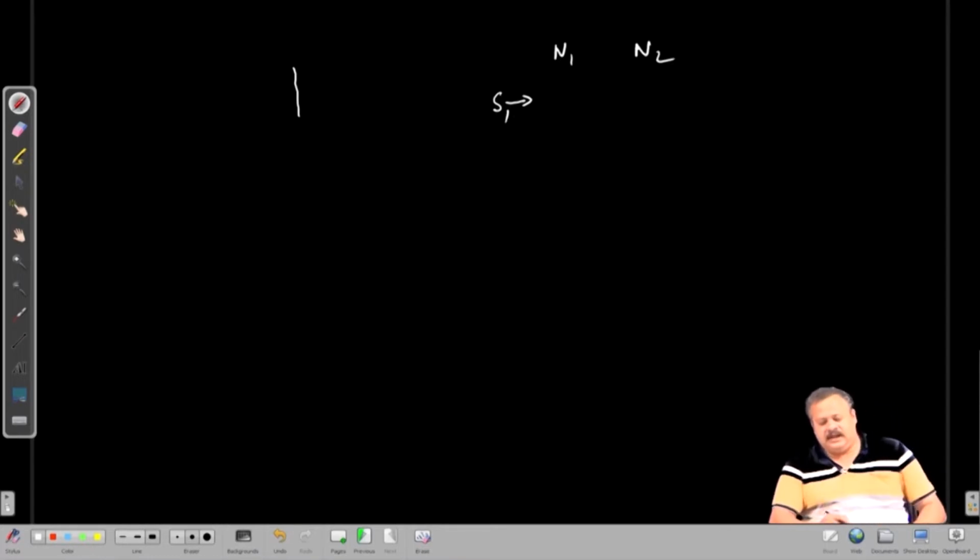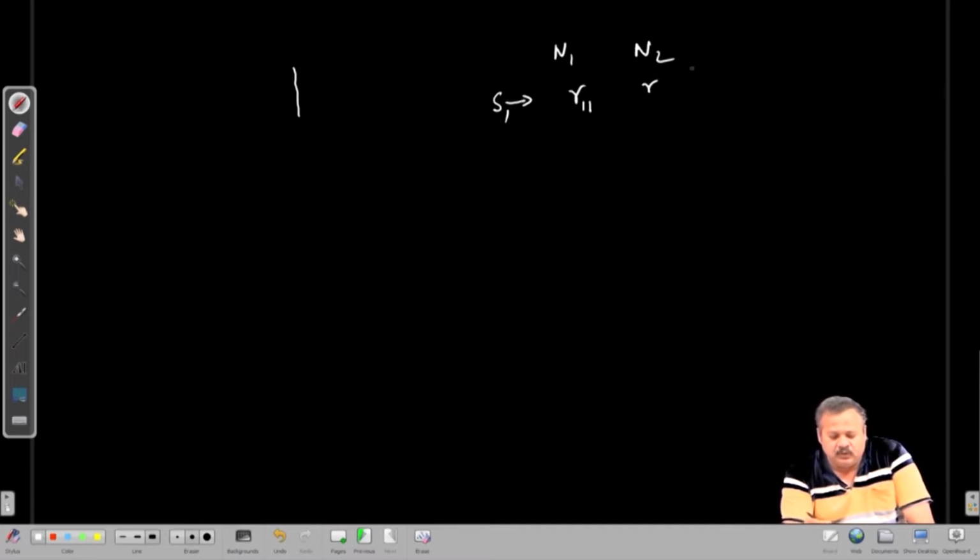We will say S for now. Later on when we introduce another stimulus, that will be S2, and this one will become S1. So let us say the response to stimulus 1 of neuron 1 is R11, and the response to stimulus 1 of neuron 2 is R12.